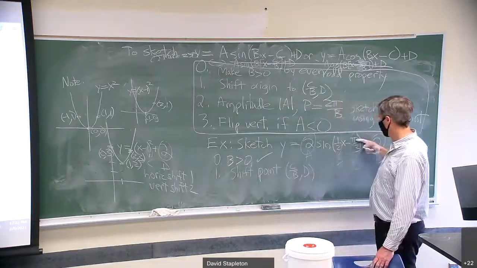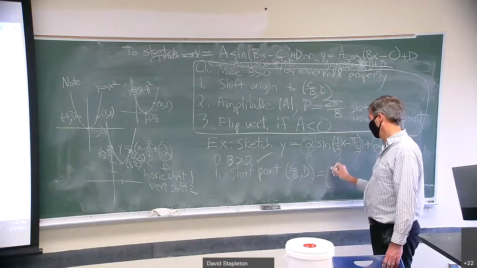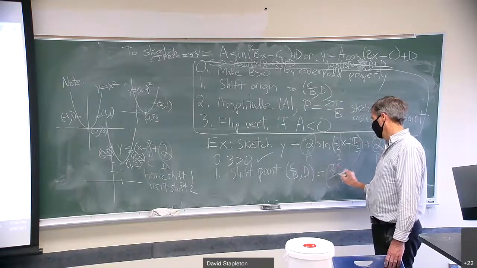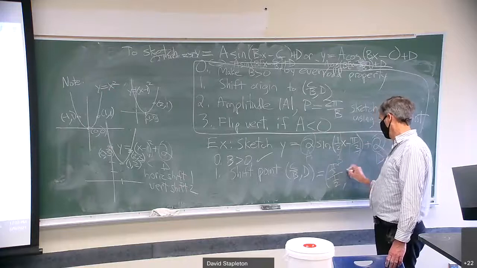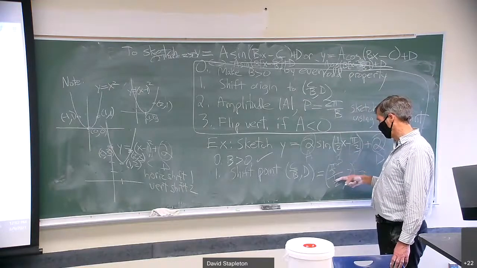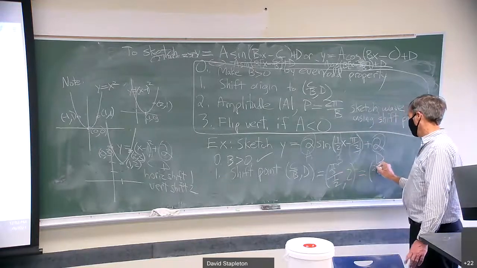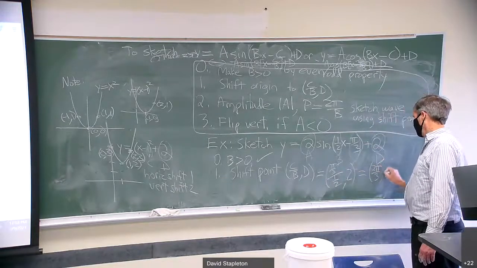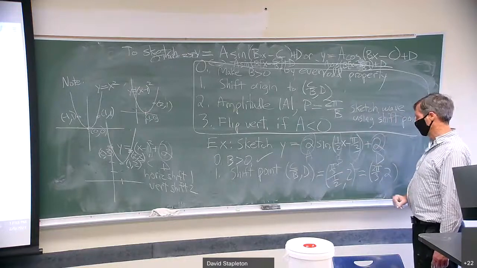It's pi over 3 over 1/2, 2. Now being careful with your quotients, top times bottom over middle times middle is 2 pi over 3, 2. There's the shift point.